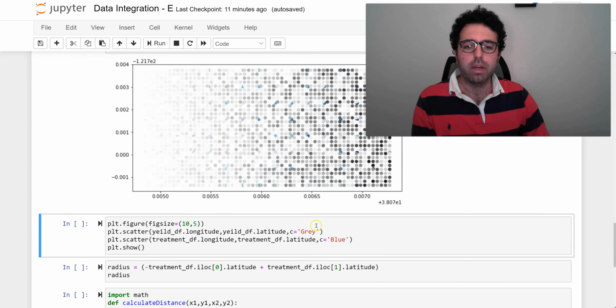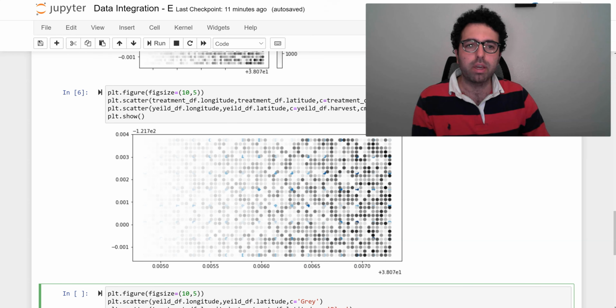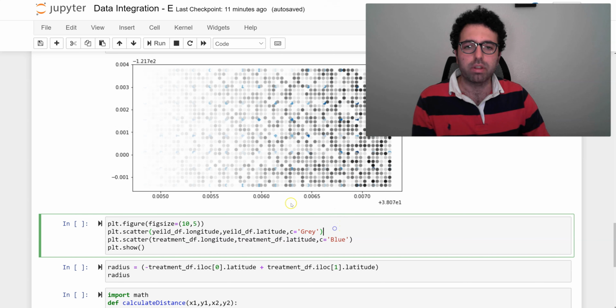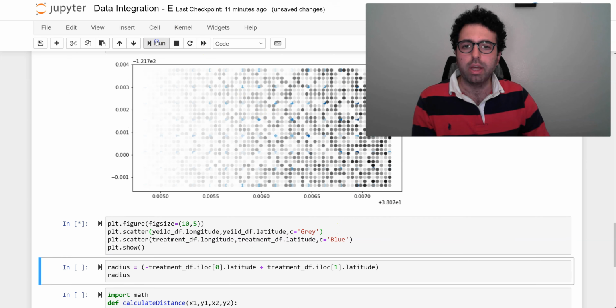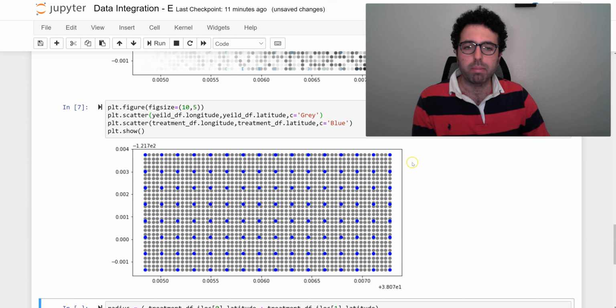So let's go ahead and get rid of the color maps on this visual, and have all of them assume the same. So we can assume that when a yield data point is in the radius of a water station, the amount of water dispensed from this water station has had influence on that data point.